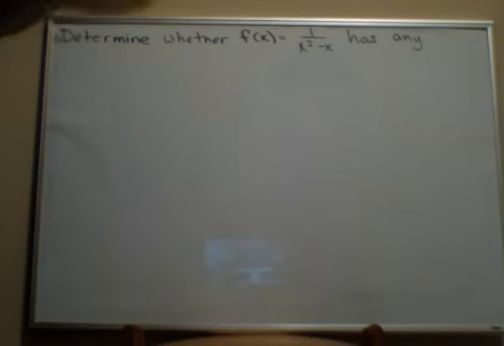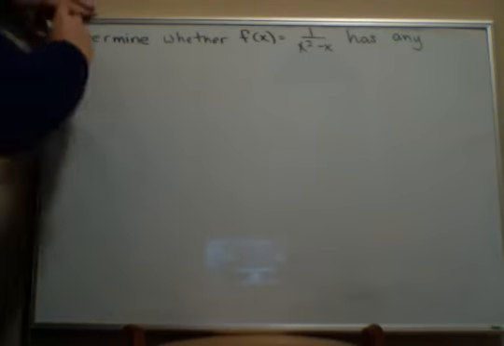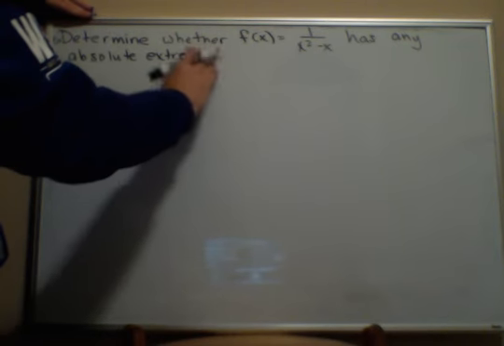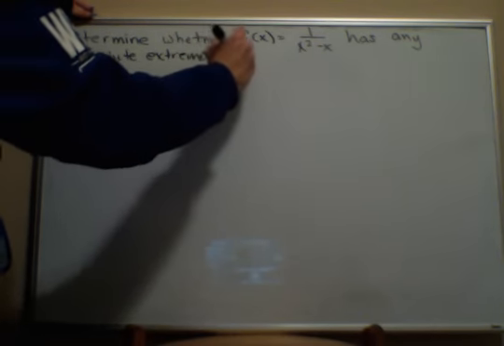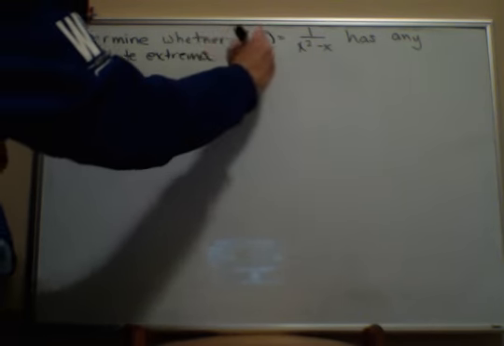Determine whether f of x equals 1 over x squared minus x has any absolute extrema on the interval. This time we're going to look at an open interval 0 to 1.